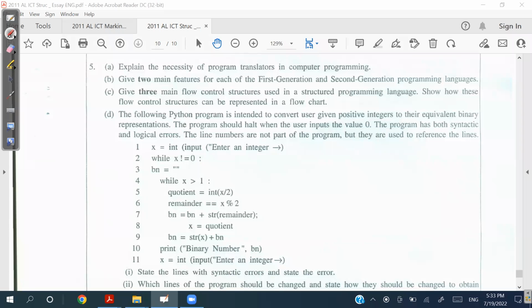Right, so this is the point that you need to understand: this converts user-given positive integers into their equivalent binary. That is the purpose of the program.